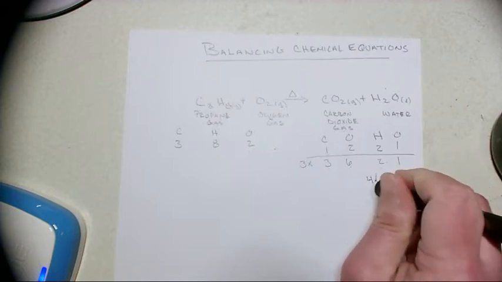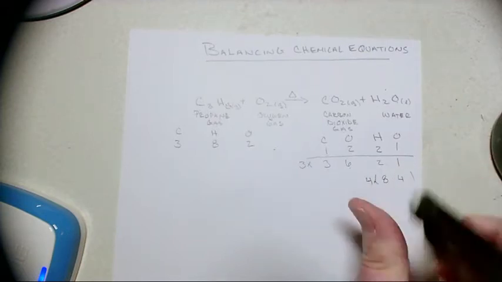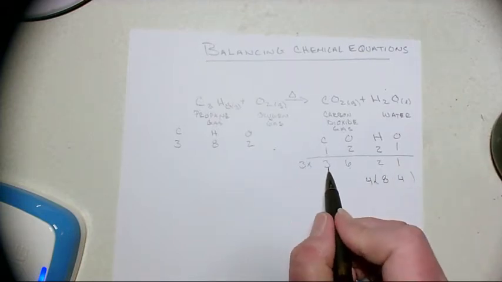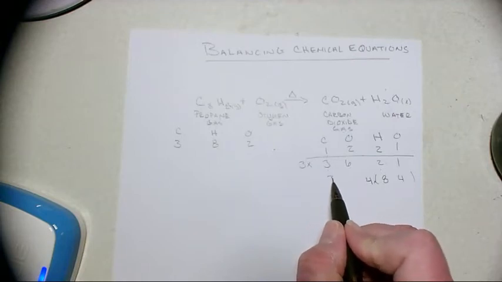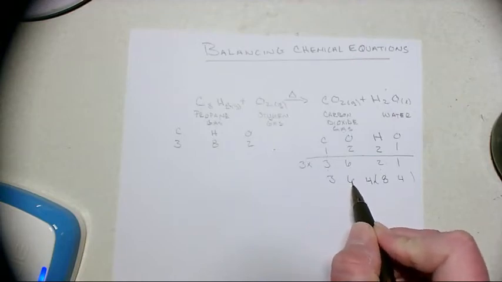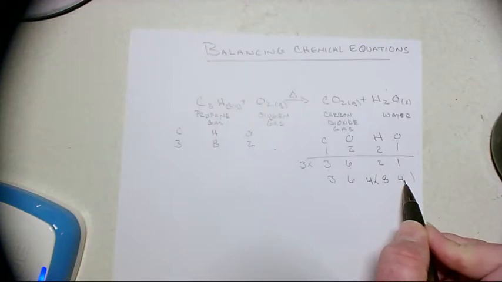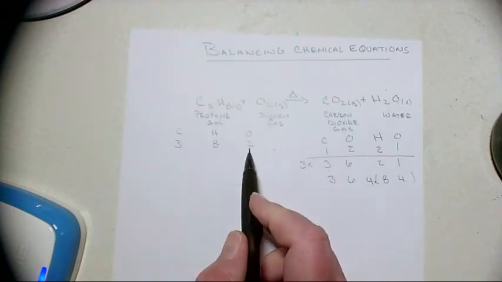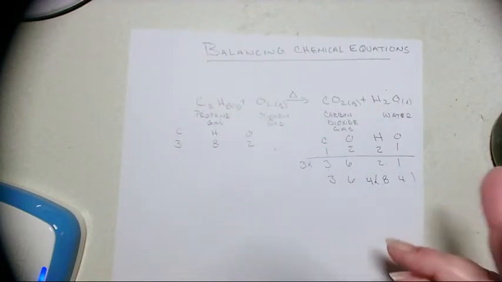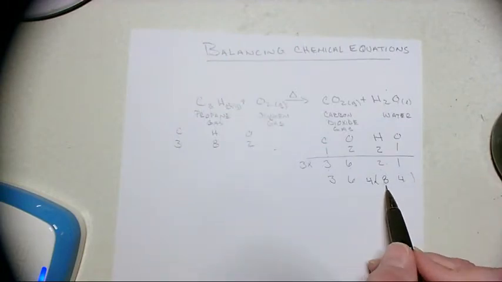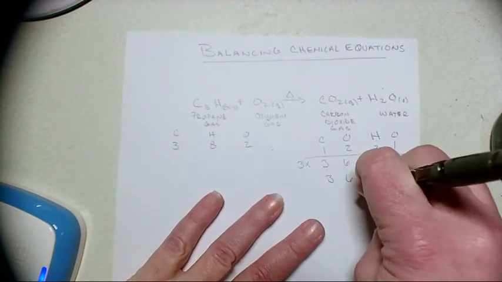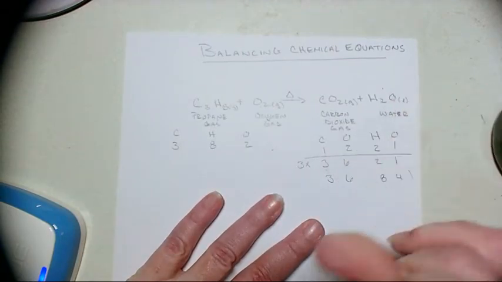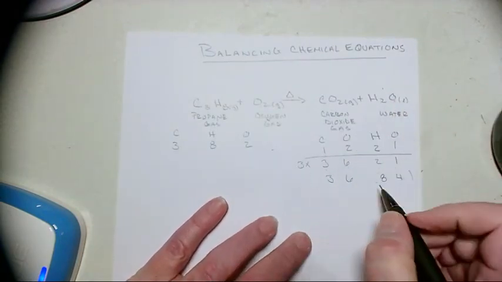Okay, so now I have 3 carbon, 6 here, and 4 here, so 10 oxygen altogether. But that's an easy fix. I look over here, multiply 5 by that, that makes that 10. Cool. I have 8, actually let me rewrite this so it's a little neater. There we go.